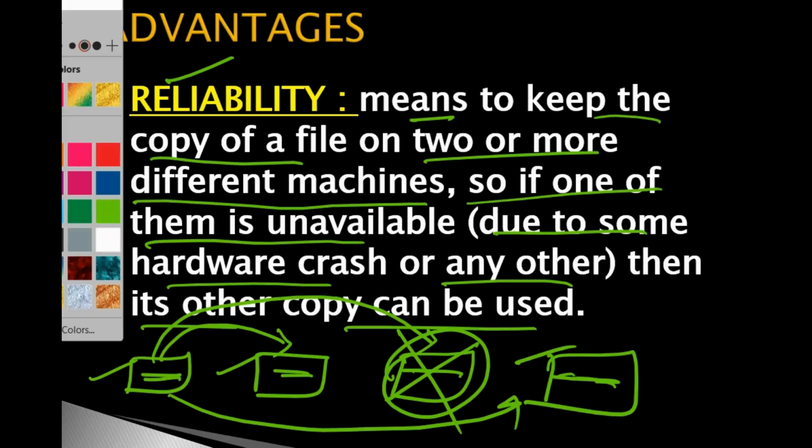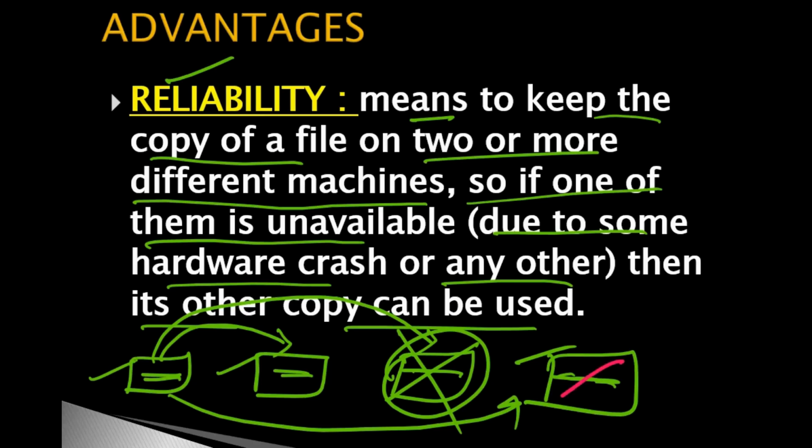Even if another computer crashes, we still have two other computers to take our data easily and store it in other devices. So this is called reliability. Through the network we can share our data to many computers to save our information in the safest manner.